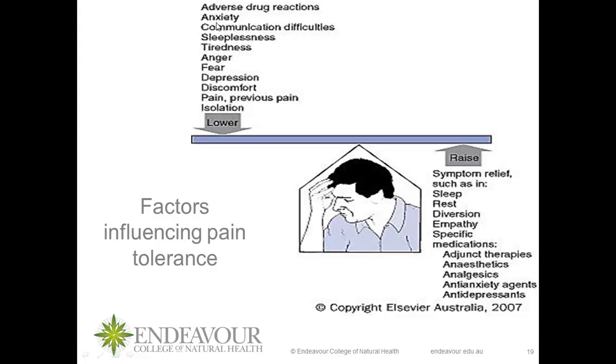Some things that also influence pain tolerance: the person's ability to communicate that pain. If they are confused, under anesthesia, can't communicate, perhaps comatose but can still hear, their ability to communicate will affect their ability to perceive that pain.